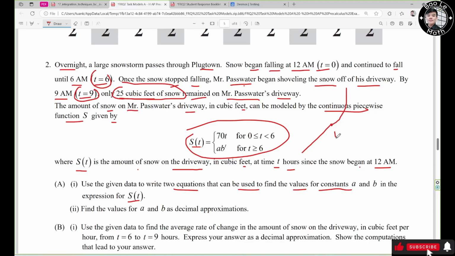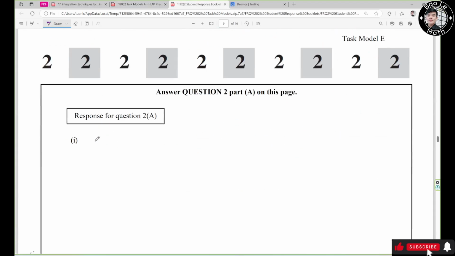So right at t equals 6, you just substitute 6 for t into the first equation. You need to solve for S of 6, and then substitute t equals 6 into the second equation, so that you're going to solve for a and b. Alright, so go over here. I have the first equation. It's going to be S of 9 equals 25, so I have a times b to the power of 9 equals 25. This is my first equation.